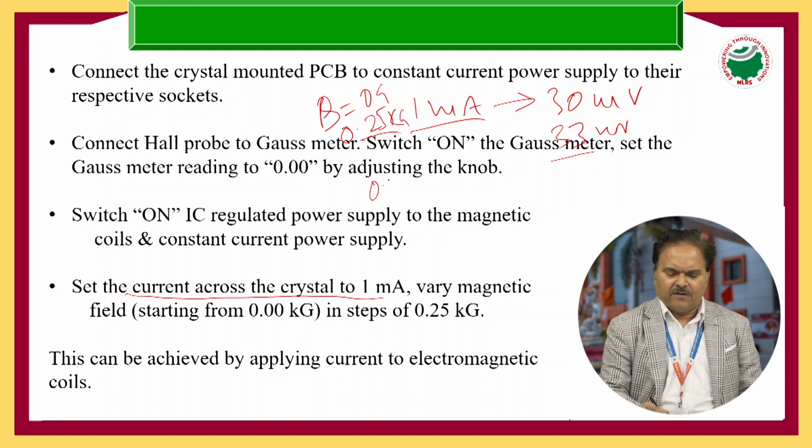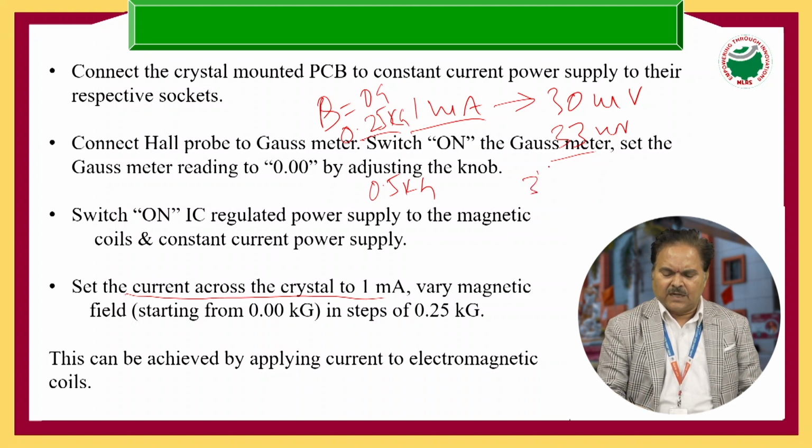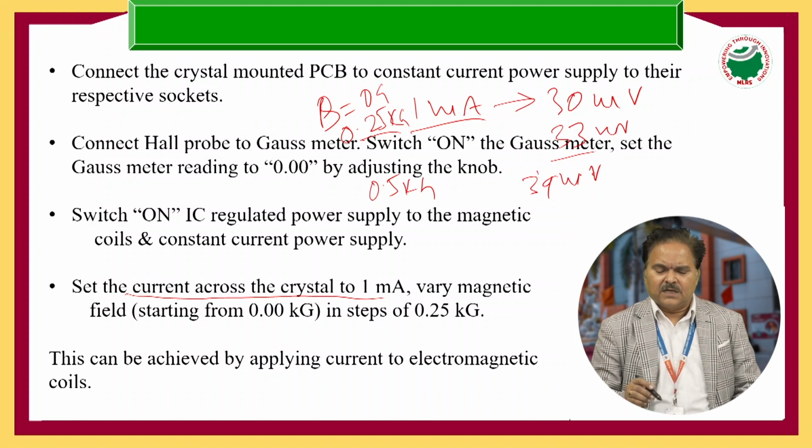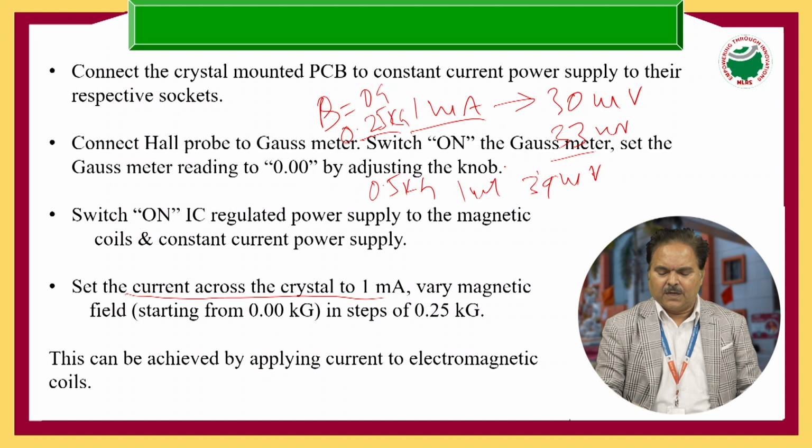Similarly, at 0.5 kilogauss the voltage will be around 39 millivolts, with the same 1 milliamp current. So from 30 to 39, that means 9 millivolts increase while increasing to 0.5 kilogauss.